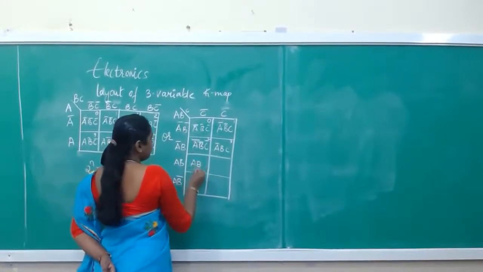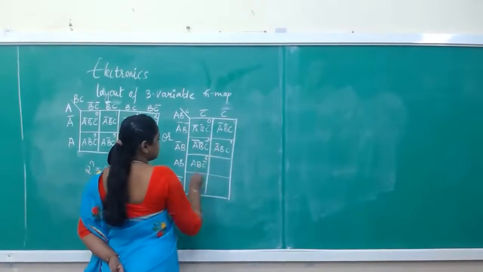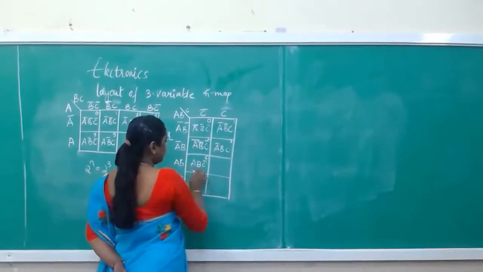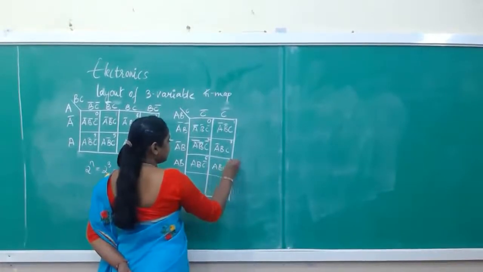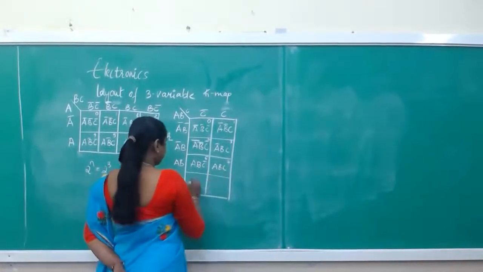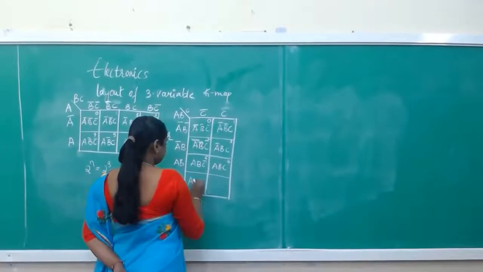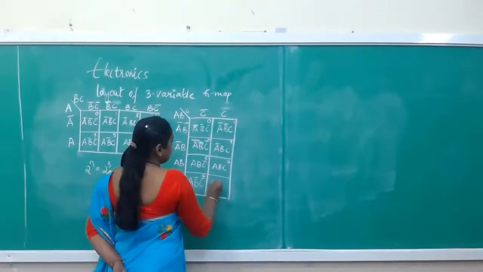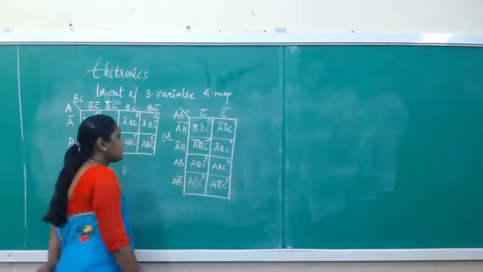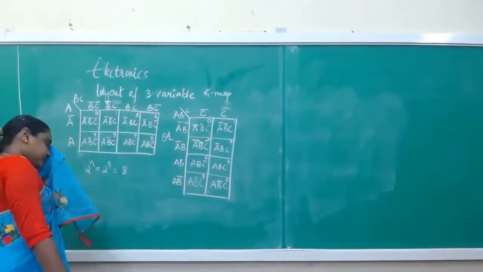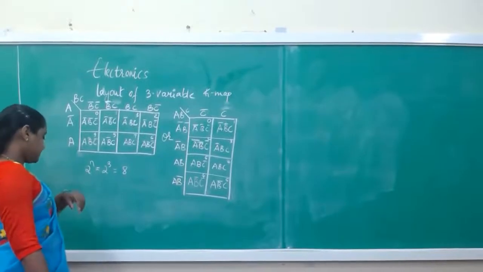A, B, C bar, 6, 1 1 0. A, B, C, 7, 1 1 1. A, B bar, C bar, 4. A, B bar, C, that means 5. So this is the other form of writing the K-map with three variables.